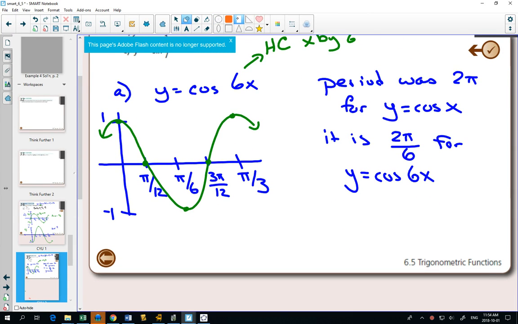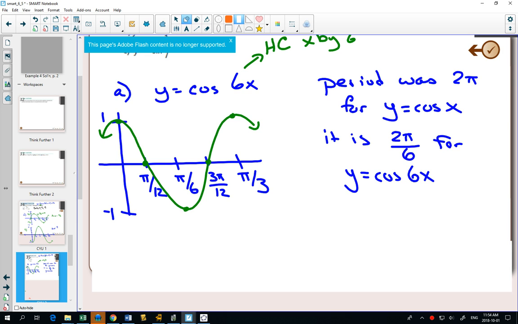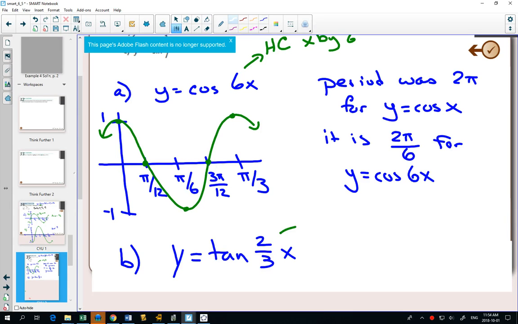Part B. Y equals tan of 2/3 x. x gets multiplied by 3/2. Again, we look at the period of tan.